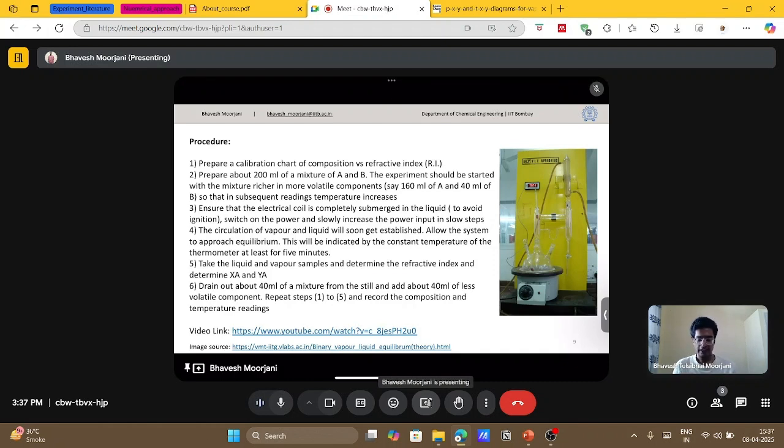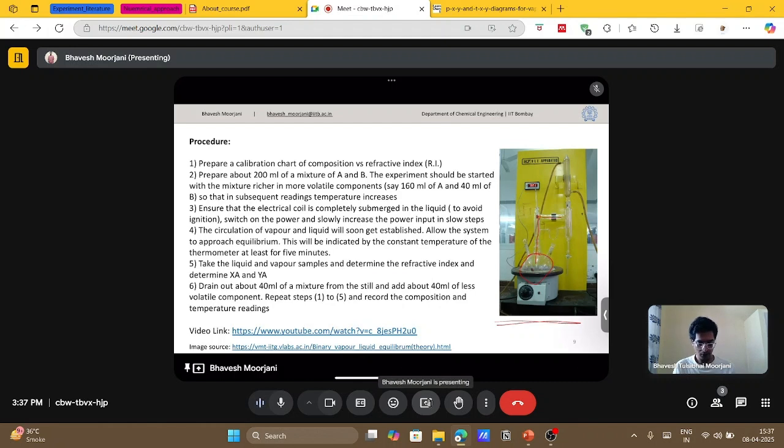Now in the experimental procedure, this is how your setup will look, where you have a mixture present in this conical flask, which is heated by an external heater. Once the sample is heated, vapor will form.